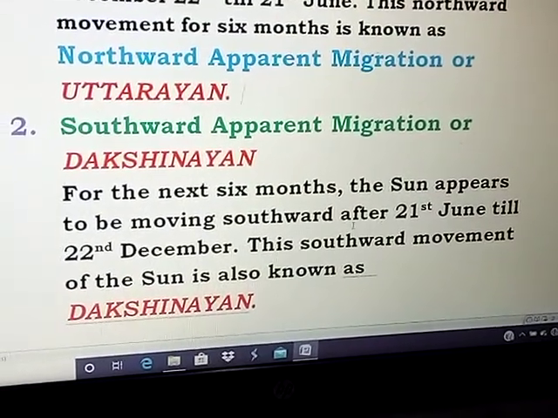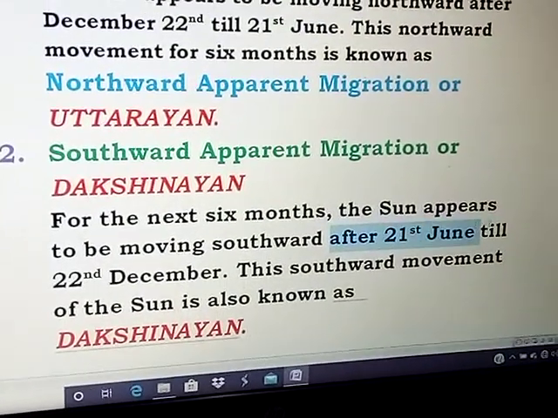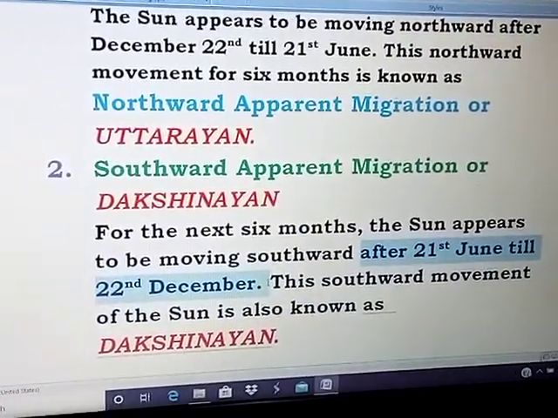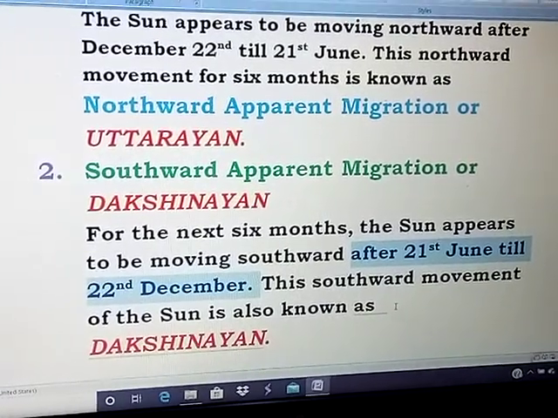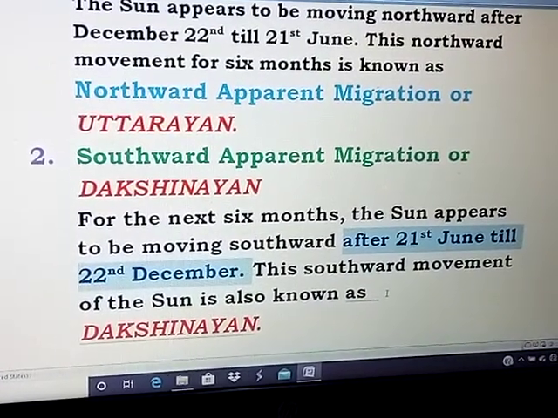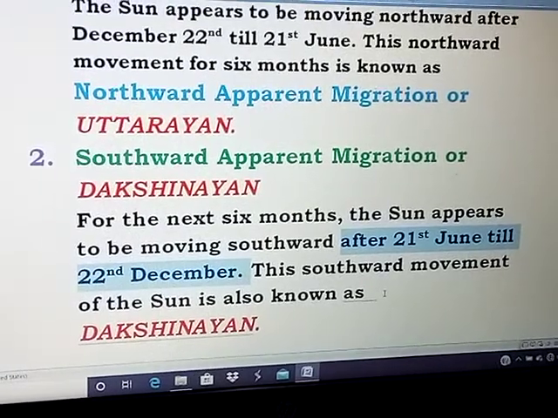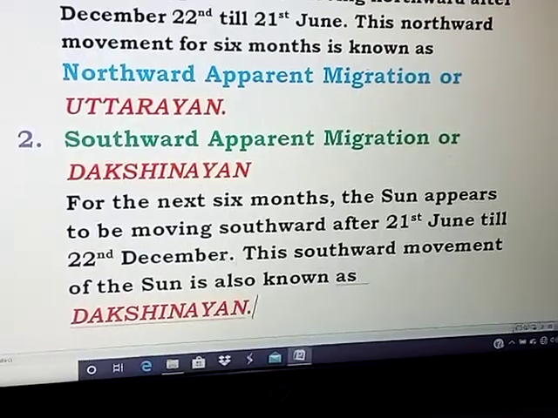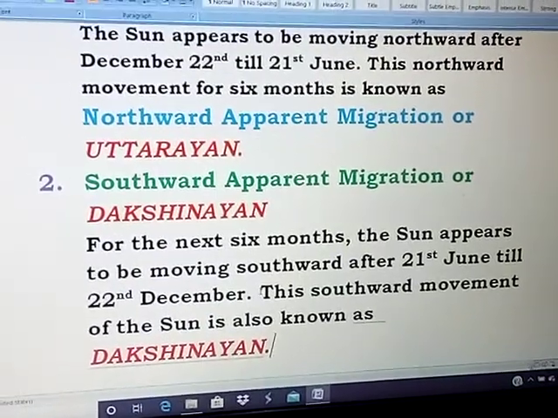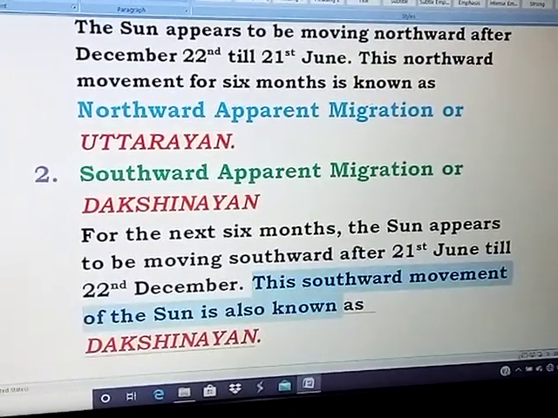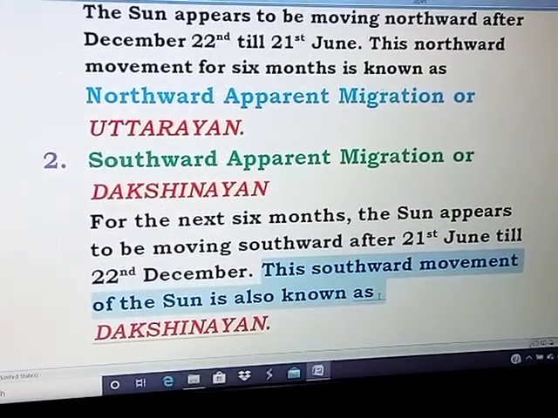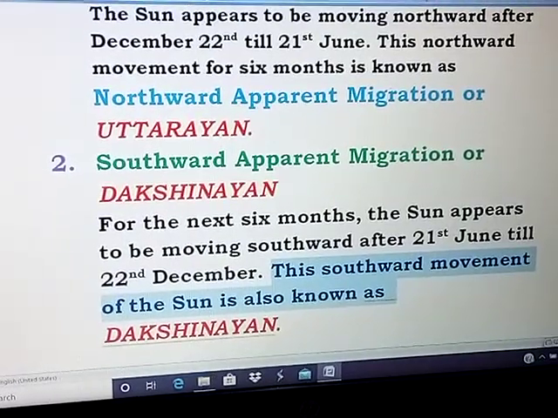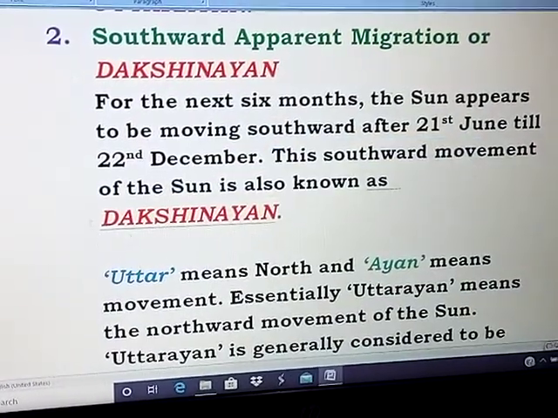So from 21st of June till 22nd of December, the sun apparently moves from the tropic of Cancer to the tropic of Capricorn. This apparent migration of the sun is known as the southward movement or migration, or in Indian terminology it's called Dakshinayan.